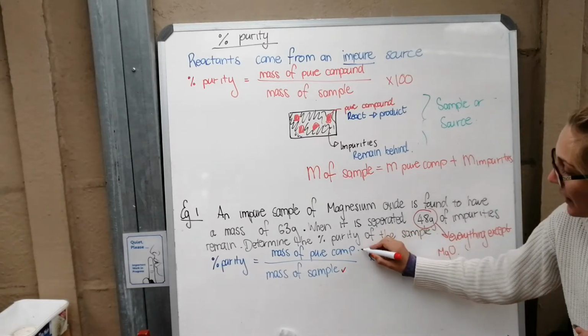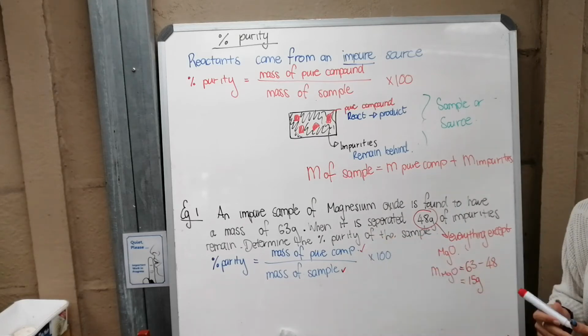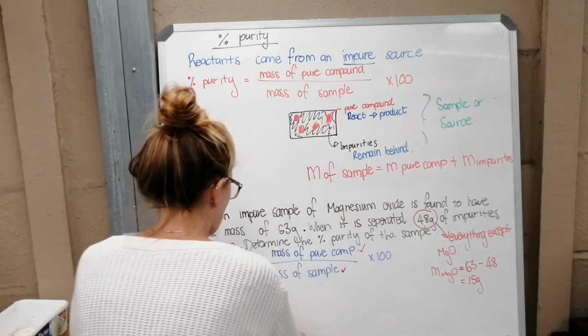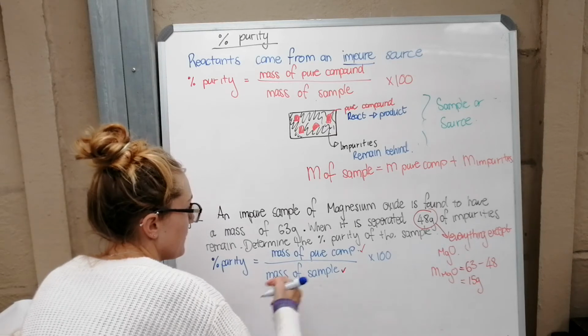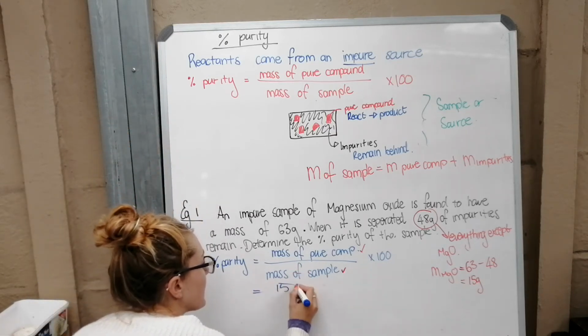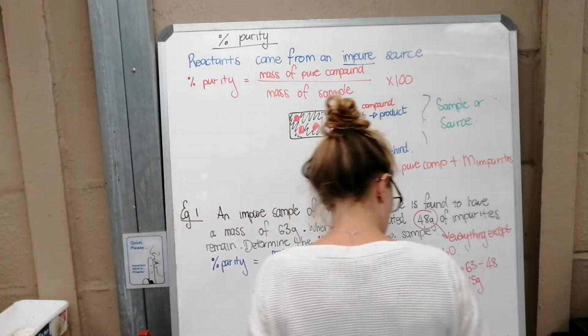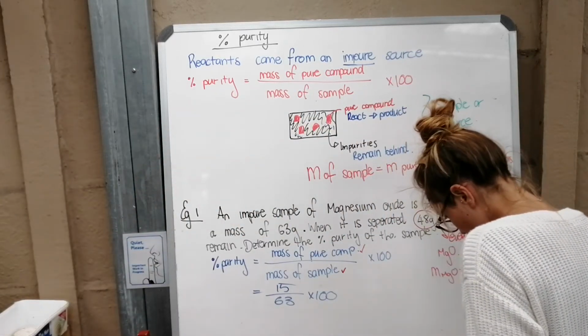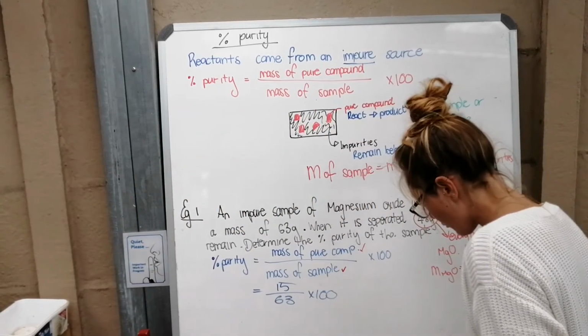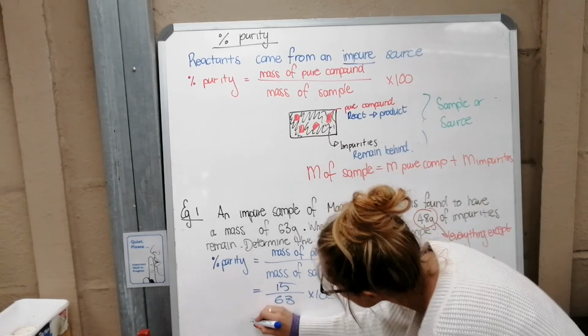Now we can substitute in and solve. We're going to get 15 over 63 times 100, which gives us 23.81%.